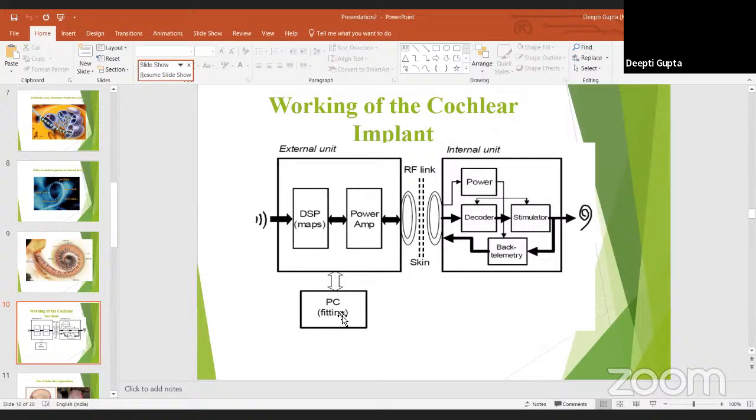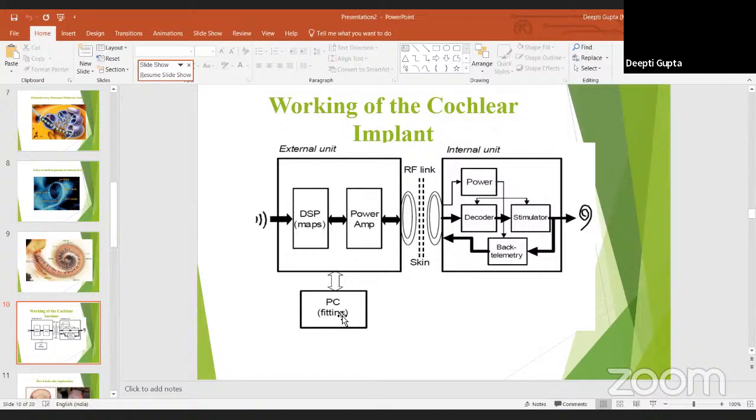Suppose somebody has only 6 electrodes, some 8, some 9, some 12. So according to that, different mappings are required, and it varies from time to time, because initially after operation the frequency range varies. Initially maybe the patient is able to listen up to 6 electrodes frequency range, then later on will be able to listen to 8 electrodes range.